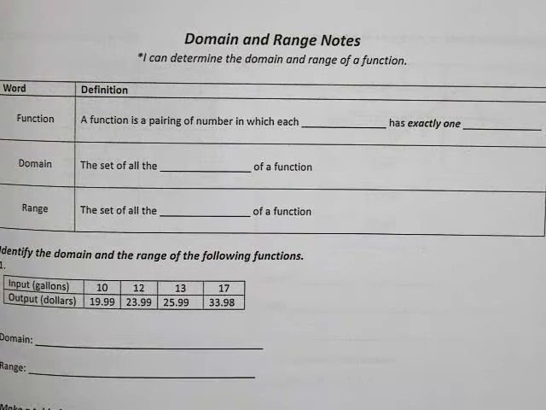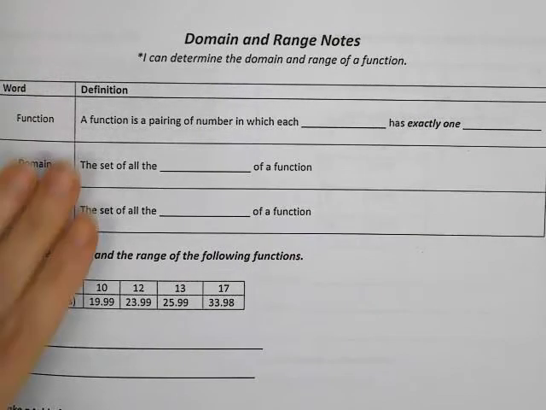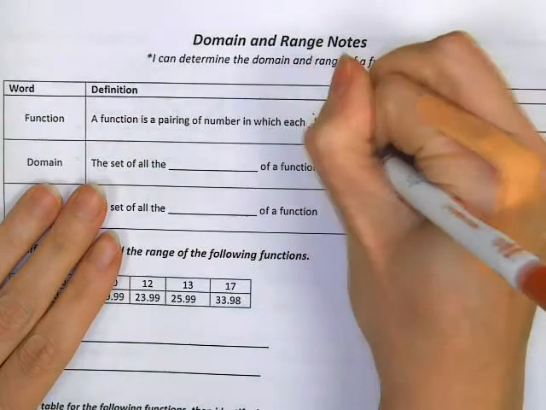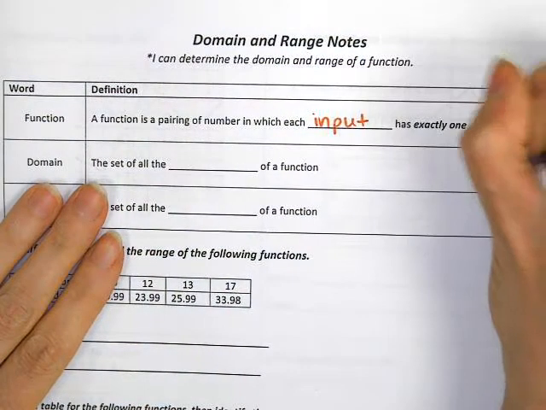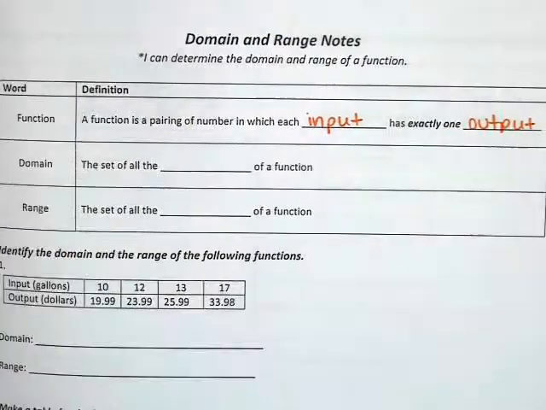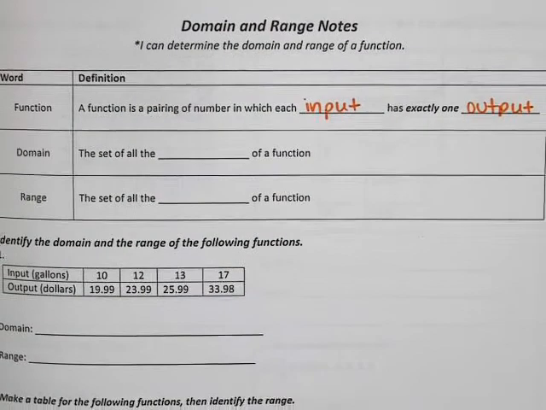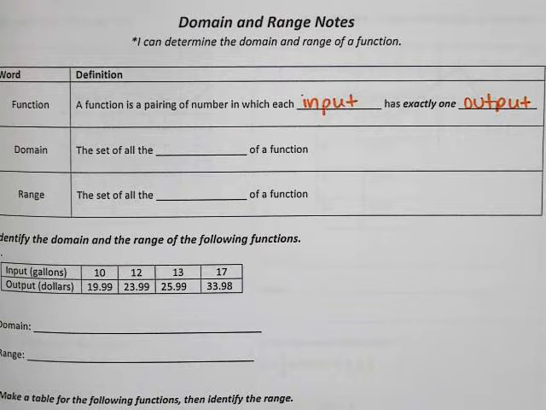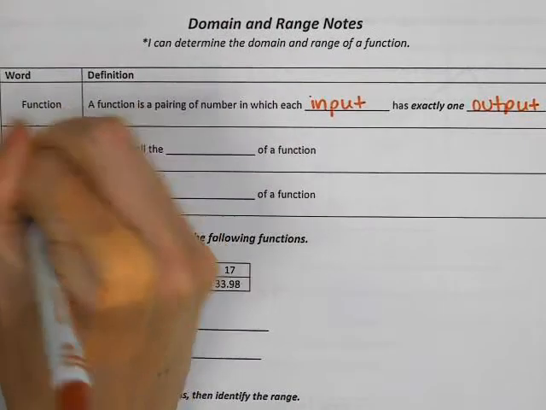All right, guys, we're still on functions today, but something new, something called domain and range. And just a reminder, a function is a pairing of numbers in which each input has exactly one output. All right, and there's a new vocab word called domain.